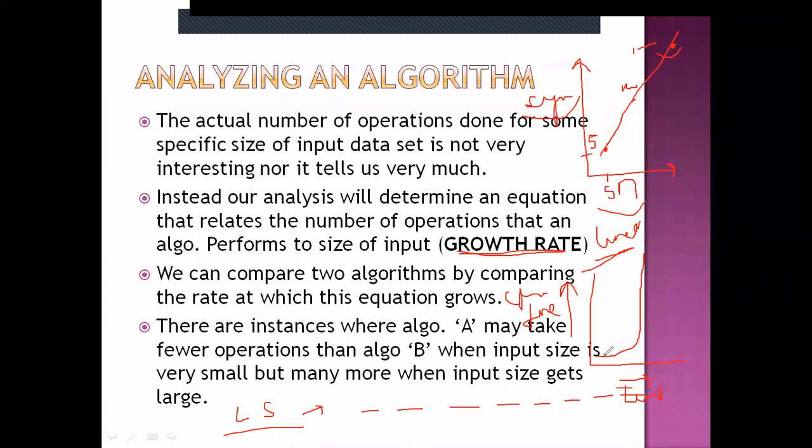Linear means suppose when that wave started, the positive patients were increasing in the linear order with time, like suppose on 20th March, patients were 100, then on 21st March, it was suppose 200. First it was almost linear.